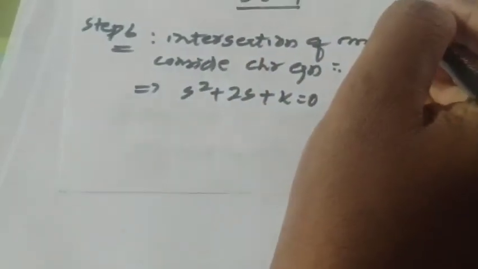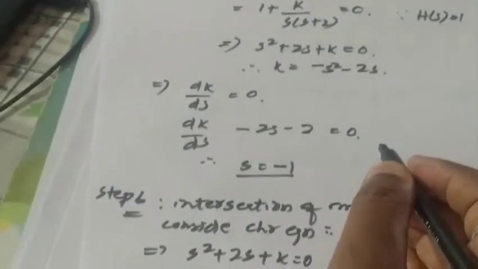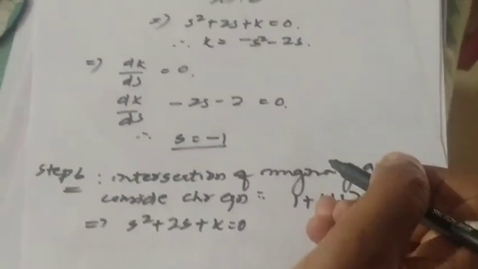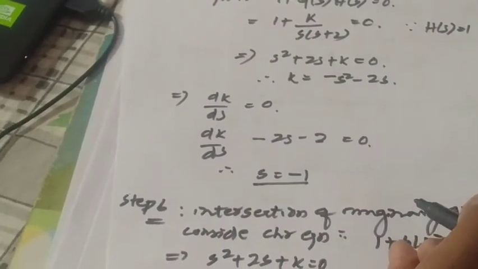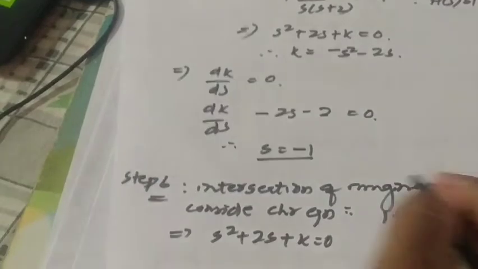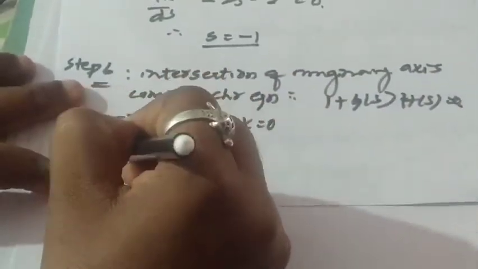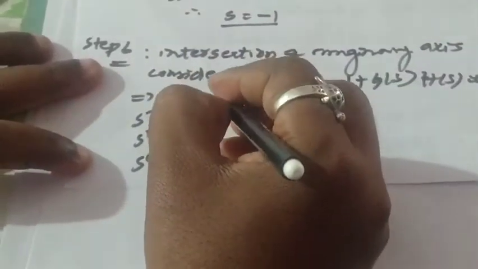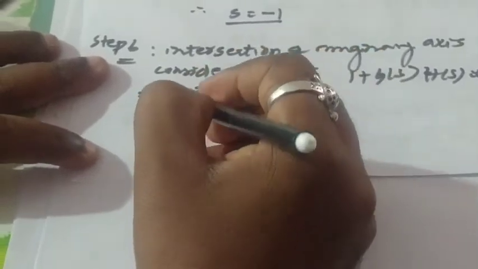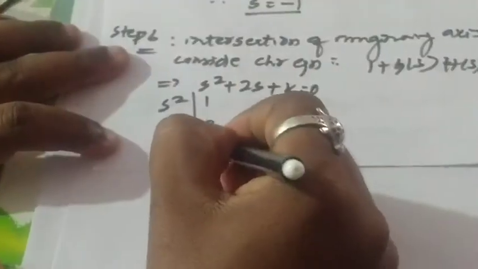Directly you may write it, because to find the breakaway point you have already calculated the characteristic equation. Using this characteristic equation, you have to find the Routh array. So s square, s1, s0 you write: s square row is 1 and K, then s1 row is 2 and 0, and s0 is again 0.